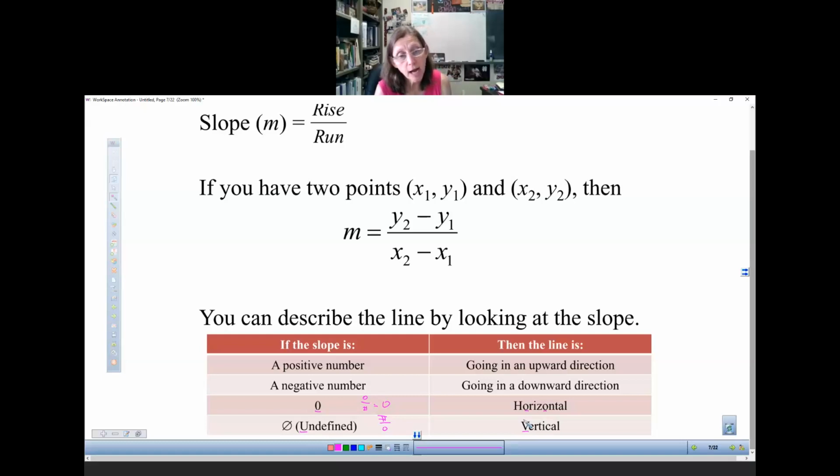So undefined goes with vertical, and the horizontal with all those O's has a 0 slope. So 0 slope is horizontal, undefined slope is vertical. Now you do have to remember that undefined is the 0 in the bottom. But you got this.